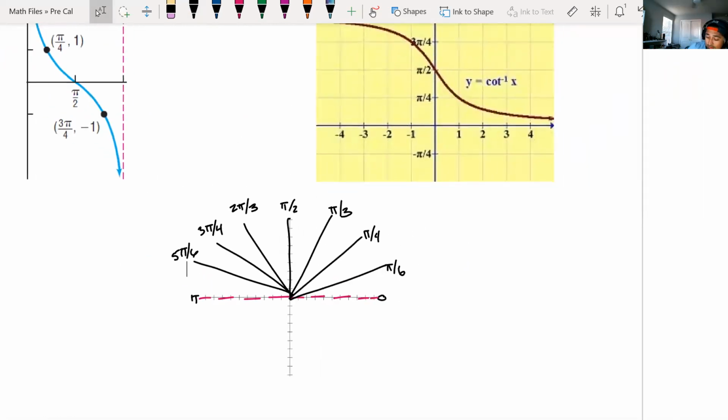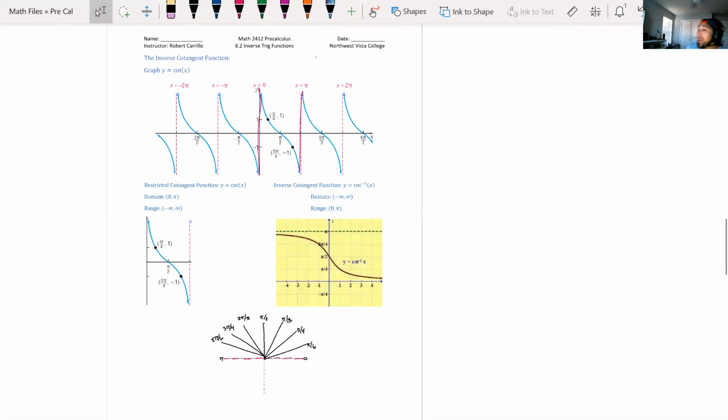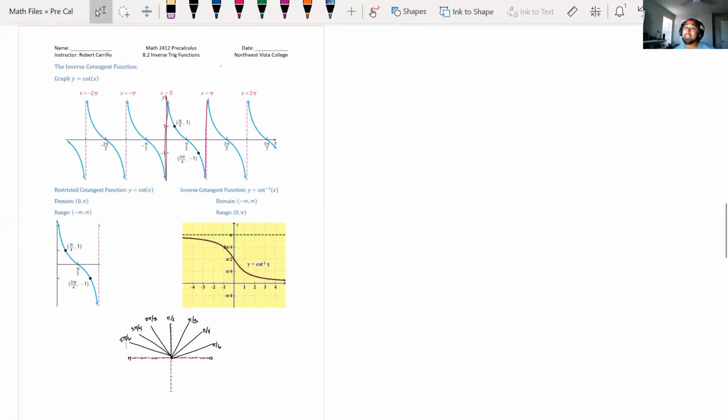And there you go. Those were the remaining properties of the inverse cotangent, secant, and cosecant. All right.